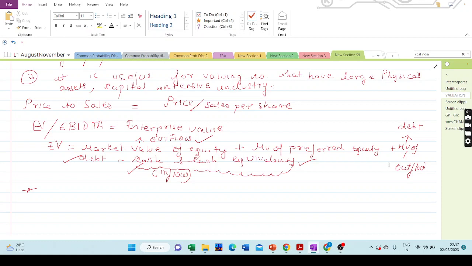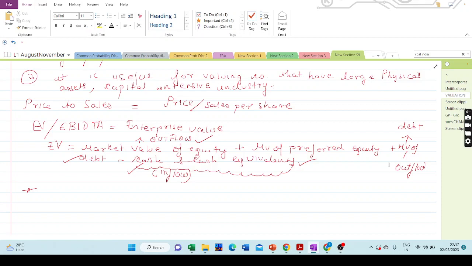But if your debt is not listed, then the market value of debt is not easily available. You won't be able to find the market value of debt. So in such a case, the analyst should use the book value of debt. Please note that if the market value of debt is not available, then the company should use book value of debt.